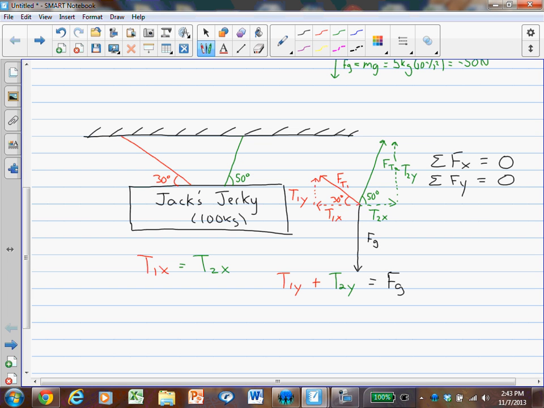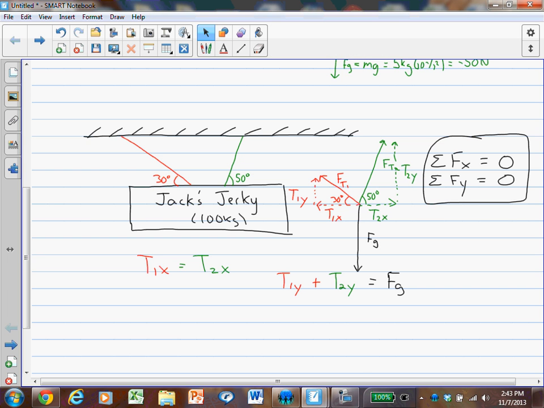That comes from these two equations, written out with what forces we have in the x and in the y. T1x is Ft1 times the cosine of 30 degrees, and that would equal T2x, which is Ft2 times the cosine of 50 degrees.